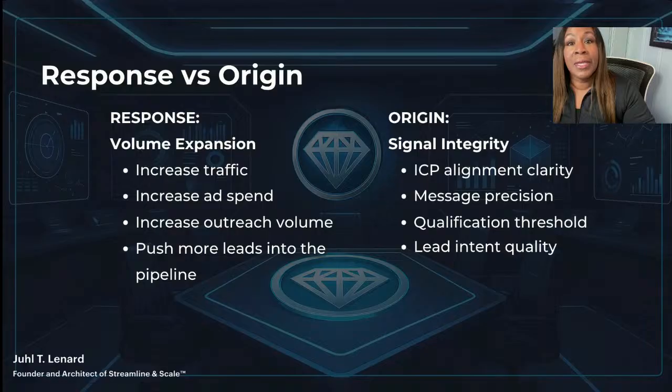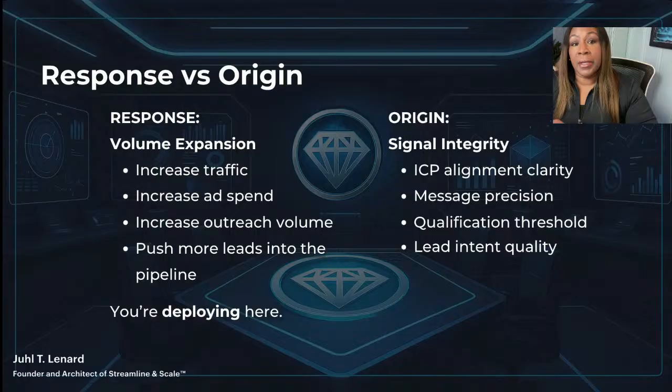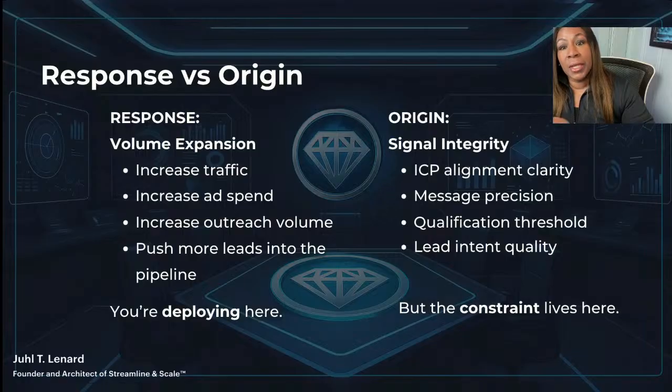And the lead intent quality is not there. In other words, you're getting people in, but they're not qualified and they don't have the same urgency, right? You're deploying here with volume expansion, but really the constraint lives in signal integrity.